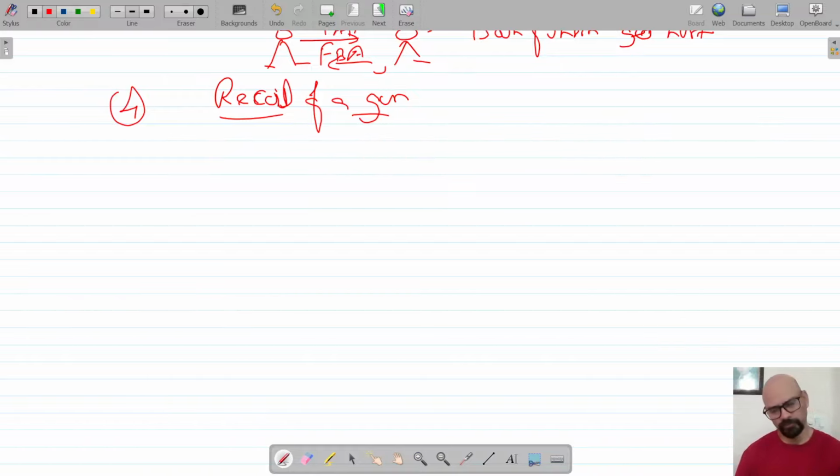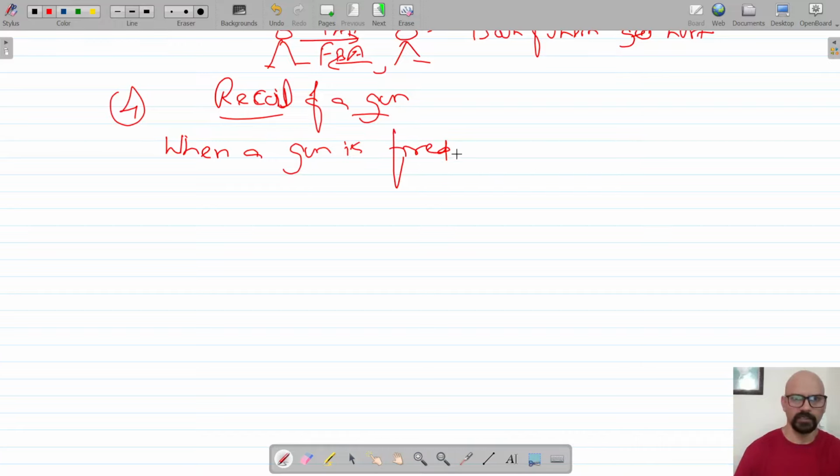But the bullet moves with a greater velocity, and we are not pushed backward with an equal acceleration, because our mass is greater. We will discuss this later in the law of conservation of momentum. So when a gun is fired, it exerts a force on the bullet and the bullet comes out with greater velocity.